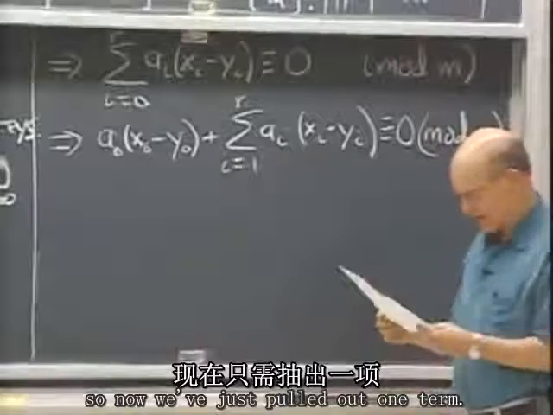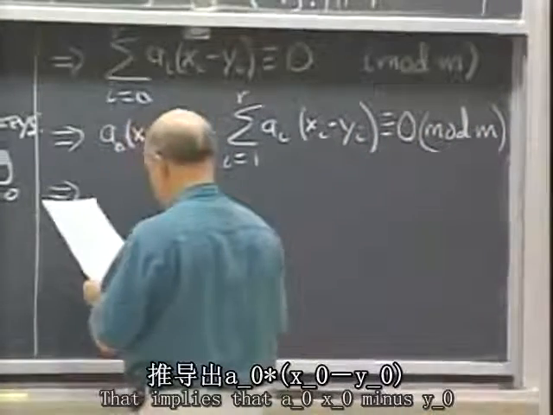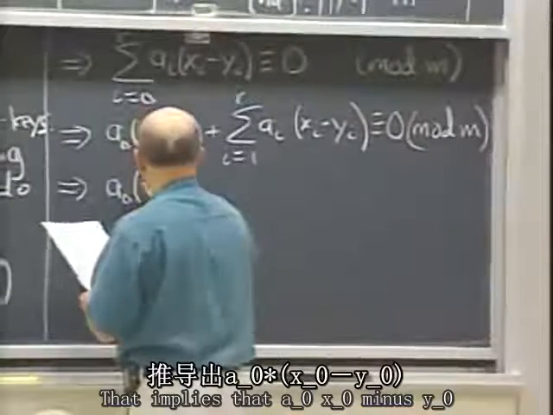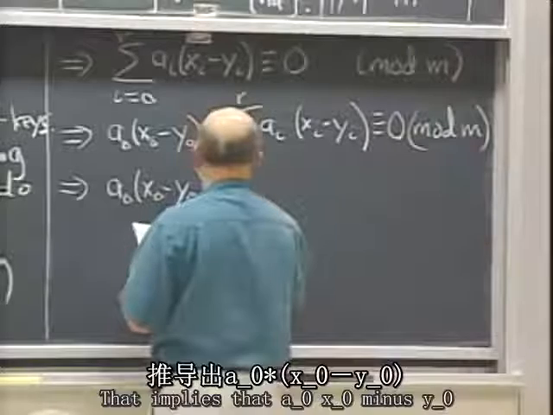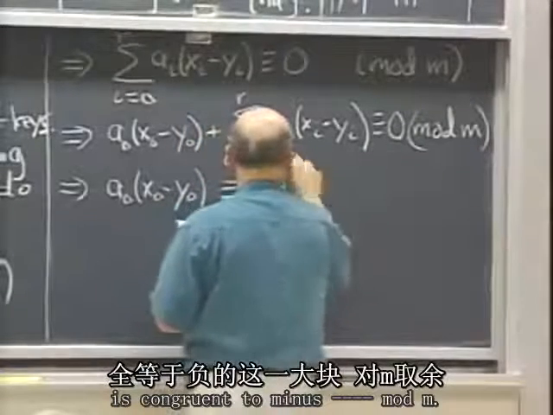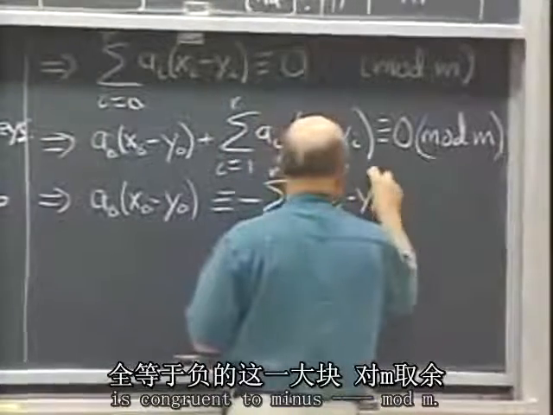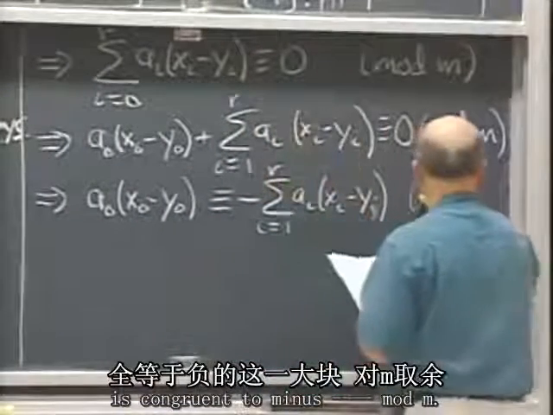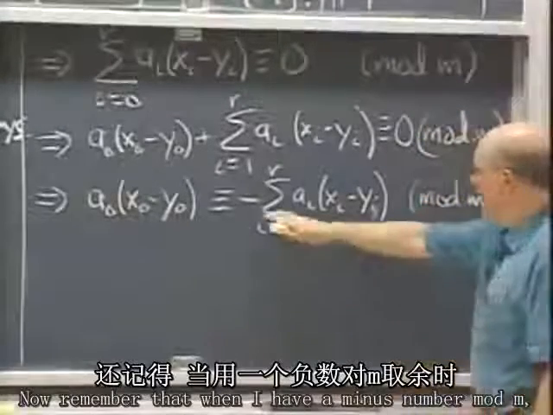Okay. That implies that a0 times (x0 minus y0) is congruent to minus the remaining sum, mod m.